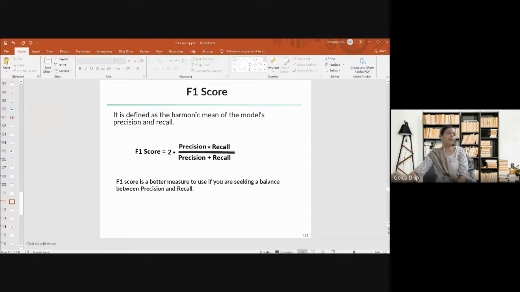Even if one of the parameters is low, the other no longer matters in the F1 score. It's a better measure if you're seeking a balance between precision and recall. F1 score is favored by many data scientists when you have similar precision and recall values. That's regarding your F1 score.